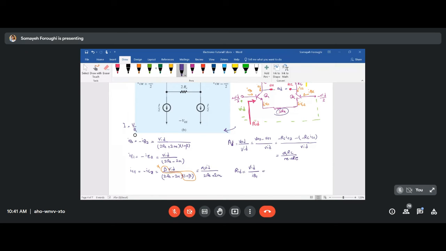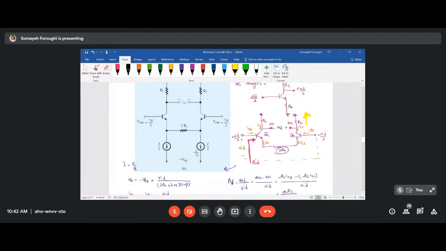Just replacing IB1 by what we have here, you will end up having 2 RE plus the capital RE times 1 plus beta. As you can observe, AD and RID are the same as the previous case, while our circuit is totally different. So where is the difference here? Maybe the difference is around finding the VCS, the current source voltage.